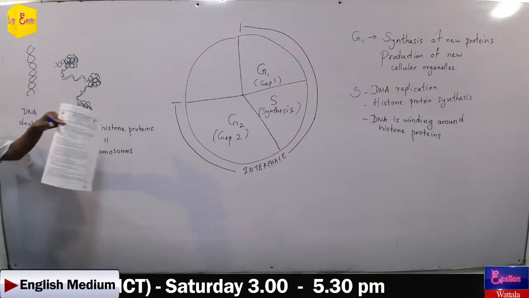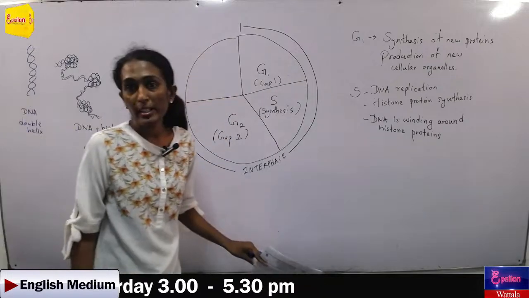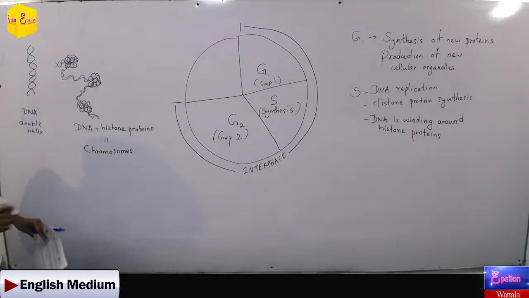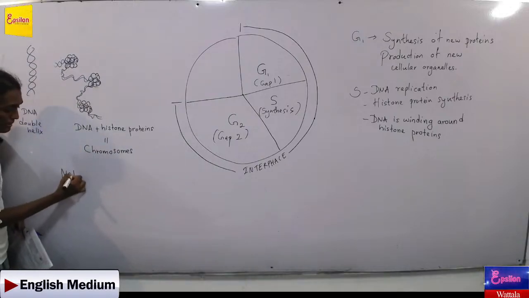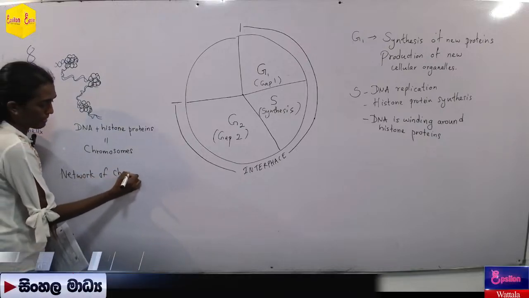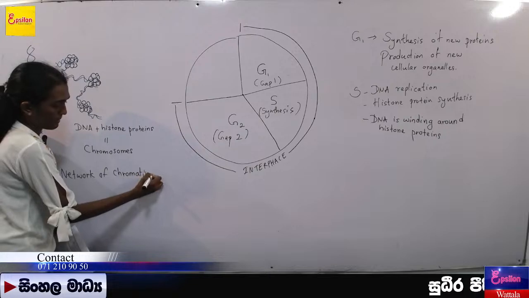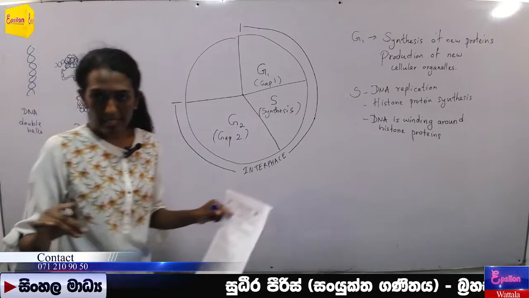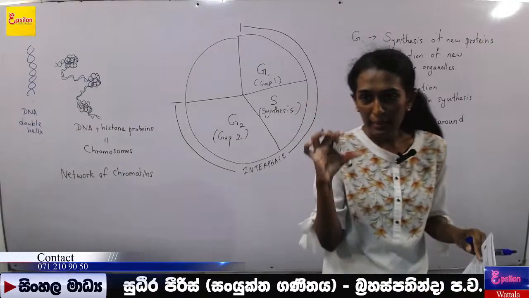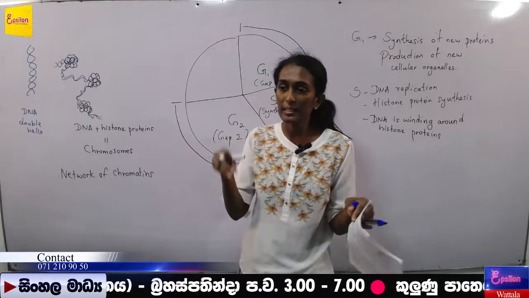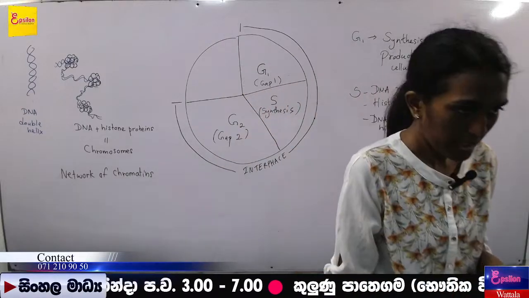Here in the interphase, the chromosomes look like a network of chromatin. What is a network of chromatin, children? These chromosomes are loosely packed. These are loosely arranged, not a compact structure. Now, this is like Maggi noodles. It's like a diffuse mass. Okay, understood now?